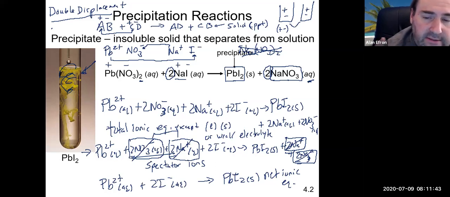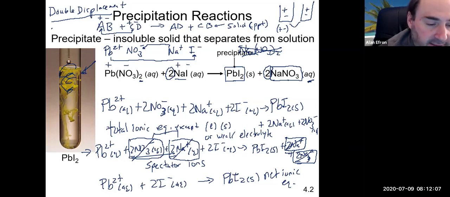Those are the ones where you see the reversible arrows, arrows heading in both directions. And because it's still able to produce a little bit of ions, like we talked about last time, it's still considered an electrolyte because it's able to conduct electricity. But again, nowhere near as good as a strong electrolyte, which 100% breaks apart.